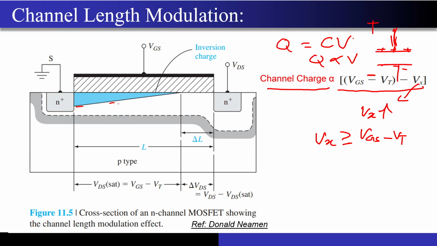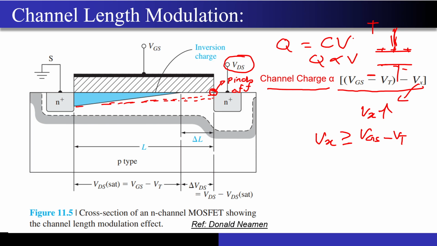Let's say this channel initially looked something like this. If you keep increasing it further, you can clearly see that the channel will first reduce down to just a single point over here, and we call this condition pinch off. Why pinch off? Because your channel has reduced to a single point at the drain. If you keep increasing your VDS value even beyond that point, then your channel starts to shift to the left side.